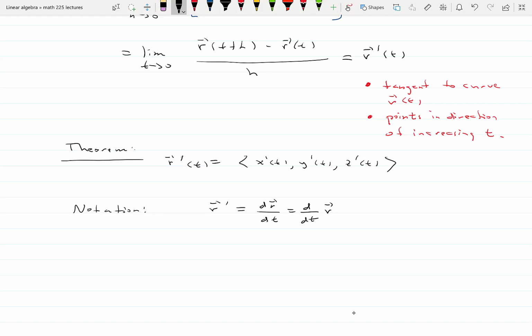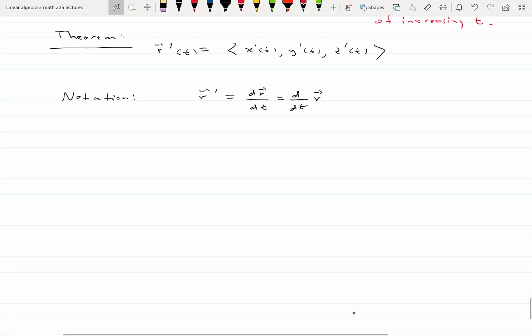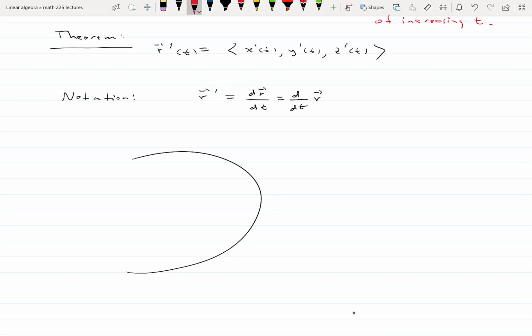Alrighty. Before we move on to a specific example, there's one other vector that's associated with r prime of t. If this is our space curve, and this is r prime of t, and let's say the curve is in 3 space.